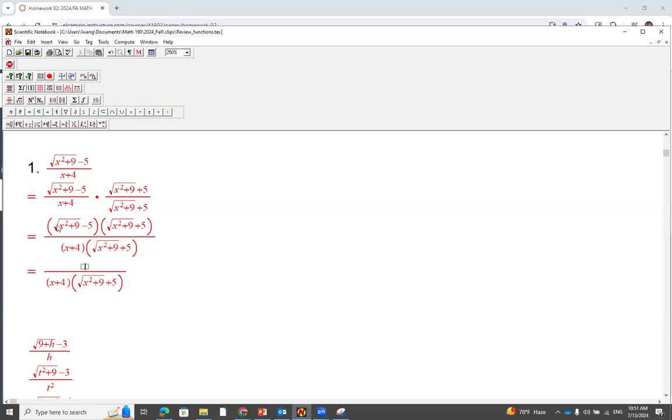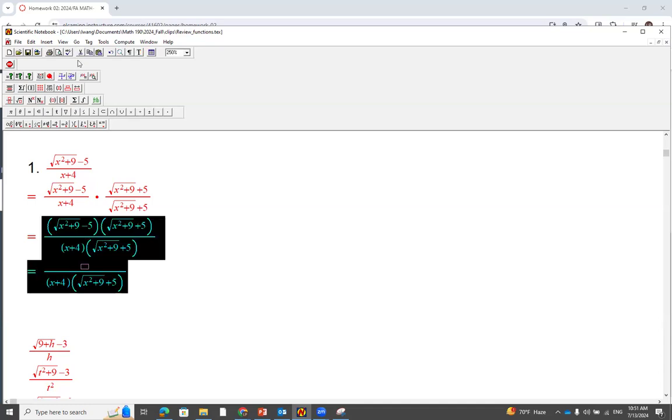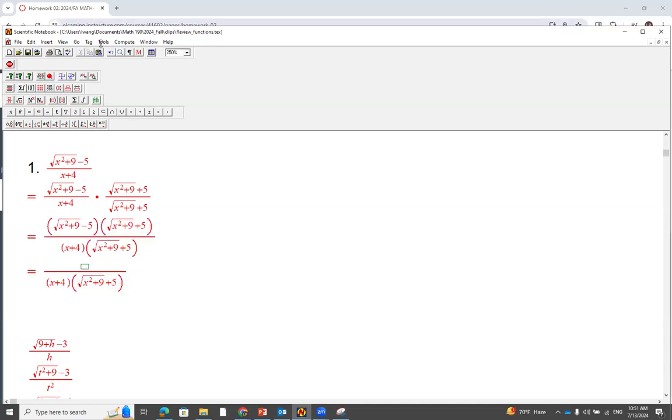And the numerator, which is a minus b times a plus b, equals root of x squared plus 9, squared, minus 5 squared.